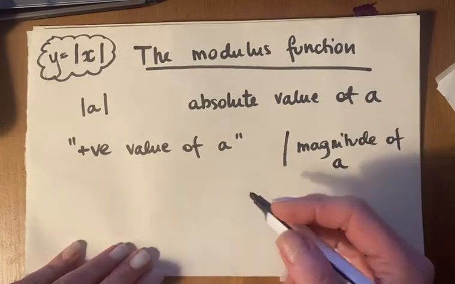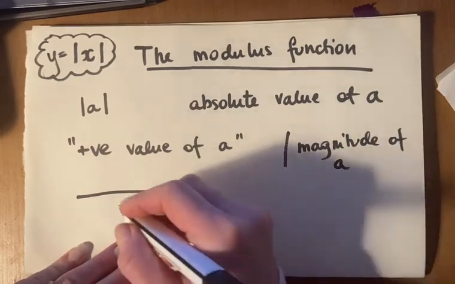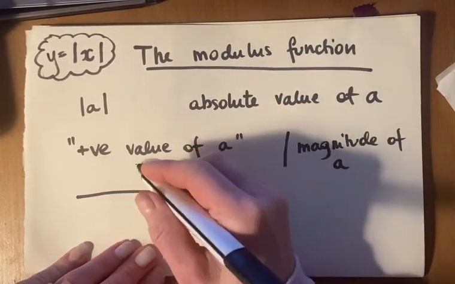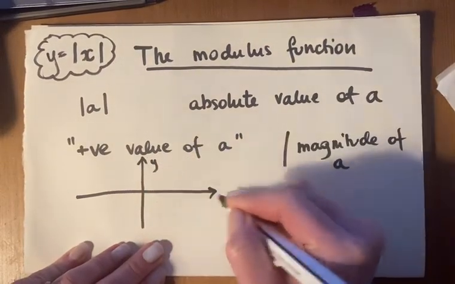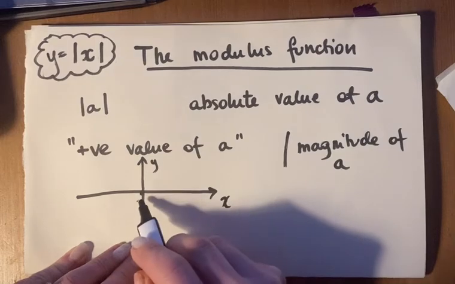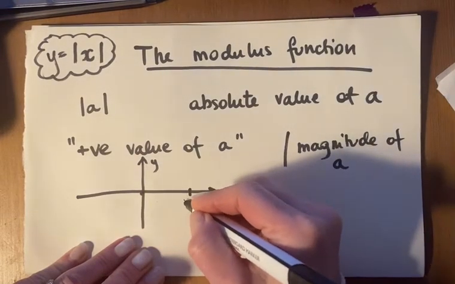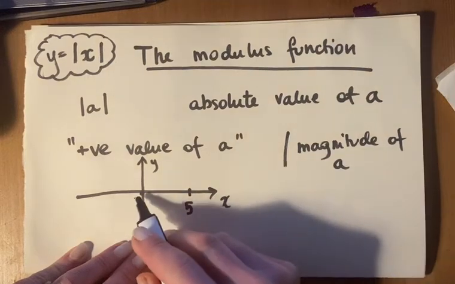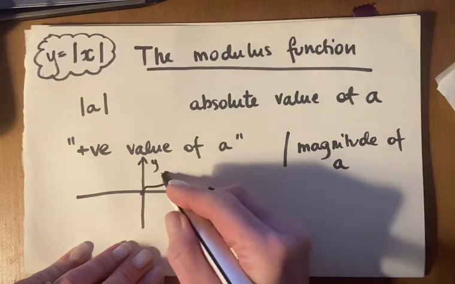You could also think of it as the distance to O on the x-axis, or the origin if it's the x and y-axis. If you think about how far 5 is away from the origin, it's 5 units.